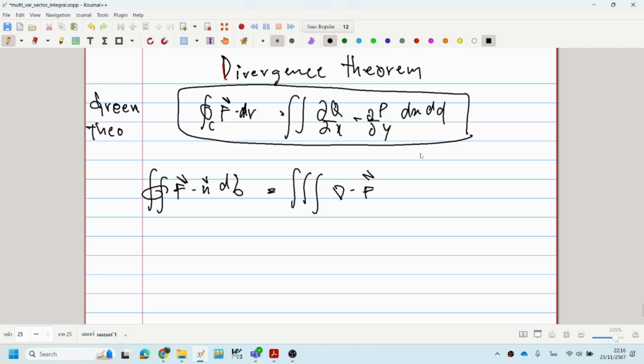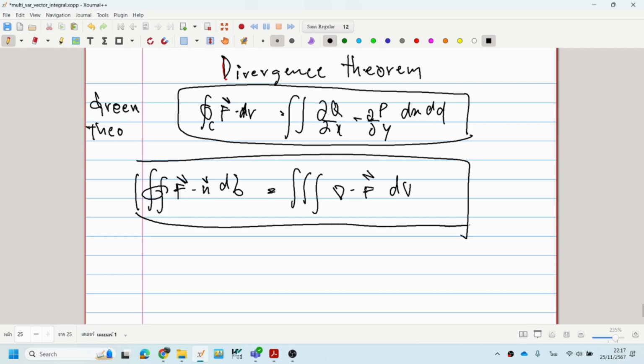This is the relation from a closed surface to a volume, one level up from the Green theorem.